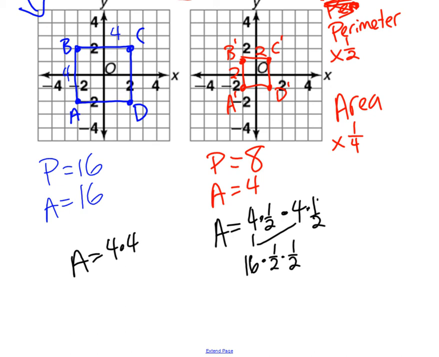And what is that 1/2? Where did 1/2 come from? That's the scale factor. So when we do area, because it's in 2 dimensions, we're taking that scale factor and multiplying it by itself. So what's 1/2 times 1/2?